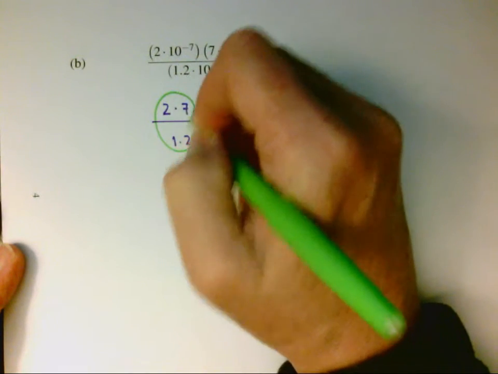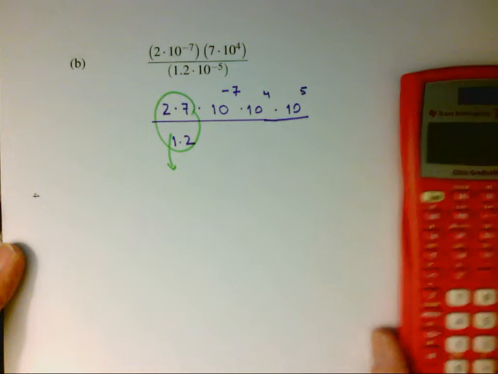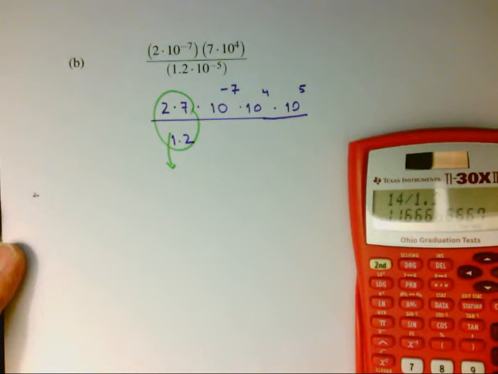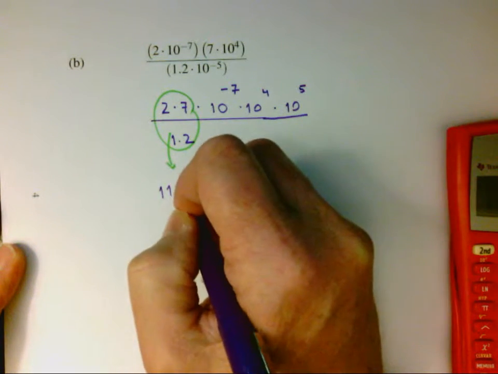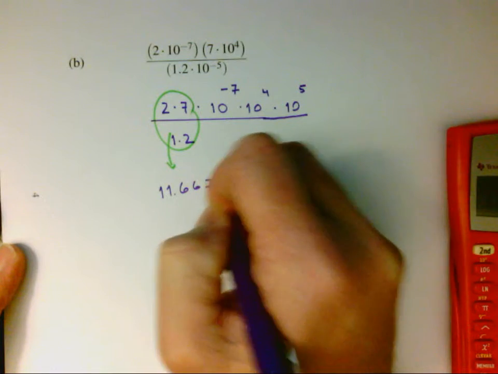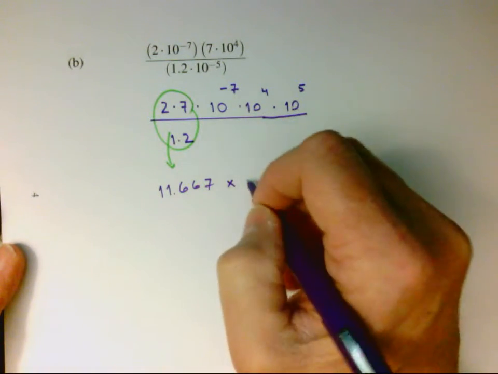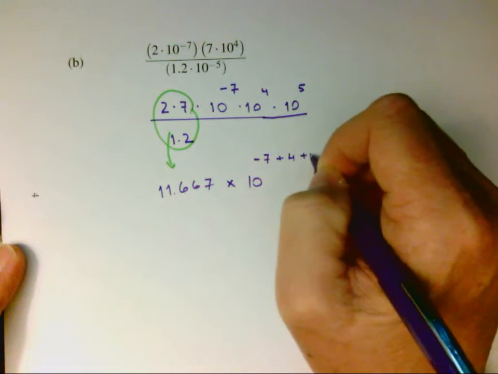So take care of the mantissas, take care of the factor out front. 2 times 7 is 14. Divide that by 1.2, and we get 11.667 times 10 to the negative 7 plus 4 plus 5.